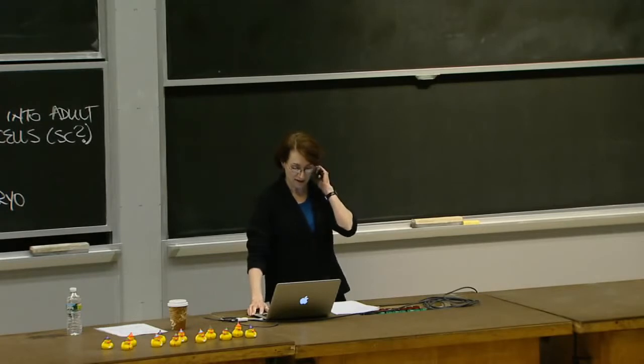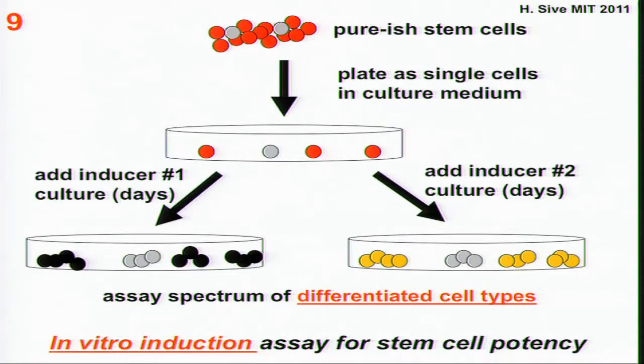Okay, here's another assay. This is an in vitro induction assay. The idea here is that you start off with something which you think might be stem cells by various criteria. And then to test what these cells can do, you put them into plastic tissue culture dishes, and add some nutrients and so on to allow the cells to divide. And then you add some inducers.